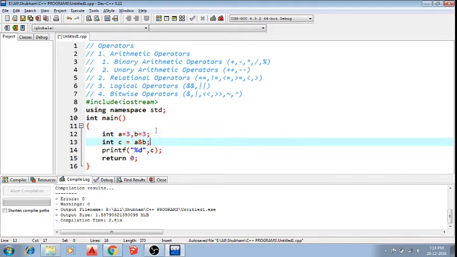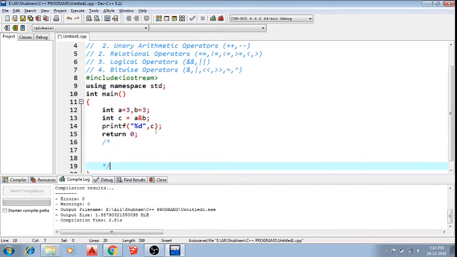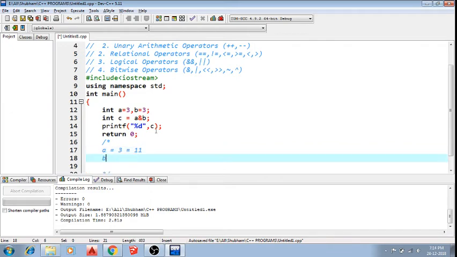We need some space here, so I'm going to put some comments. a is equal to 3, and in binary 3 is 1 1. b is also 3, which is also 1 1 in binary.